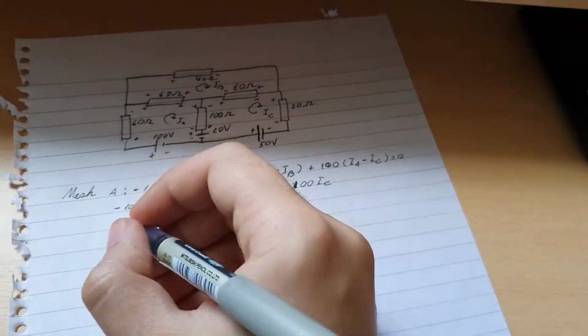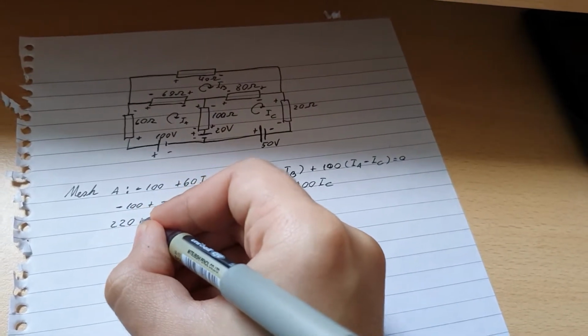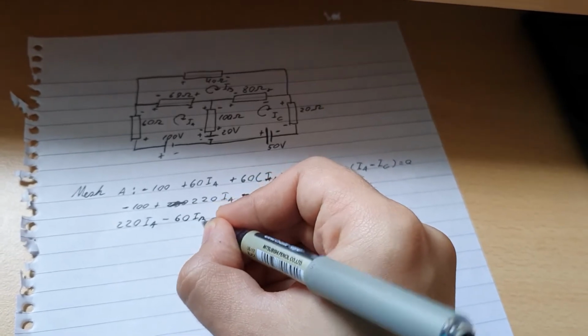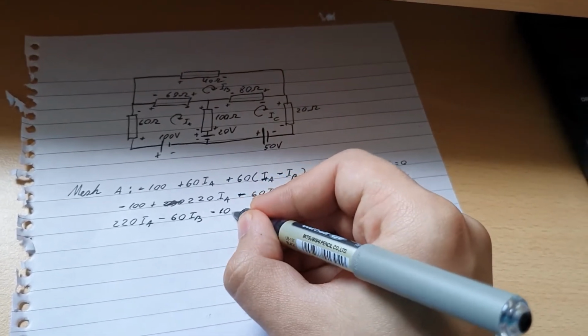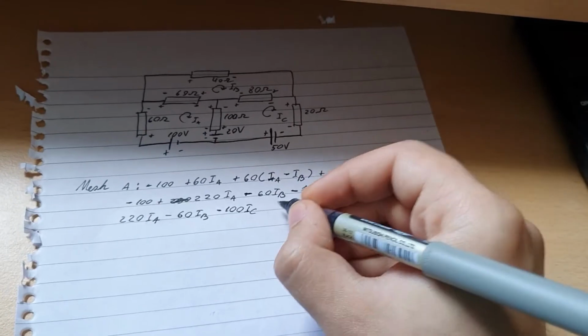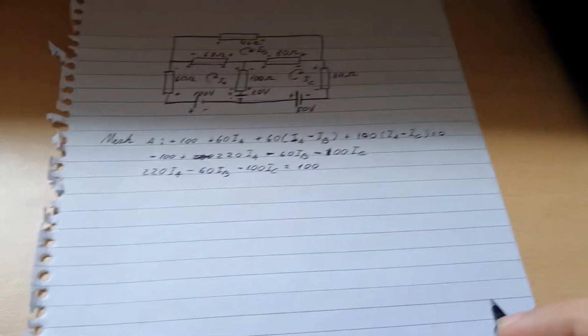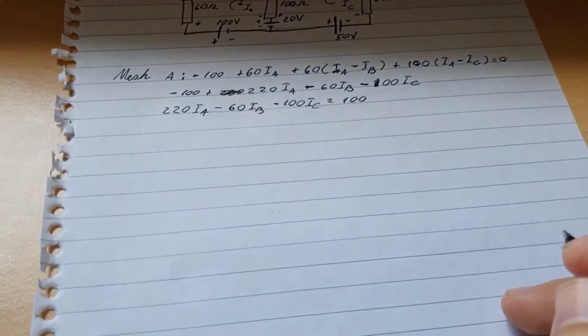Then we get 220 IA minus 60 IB minus 100 IC, which will be equal to 100. Good, so this one is for the first one. Let's go to the next one.